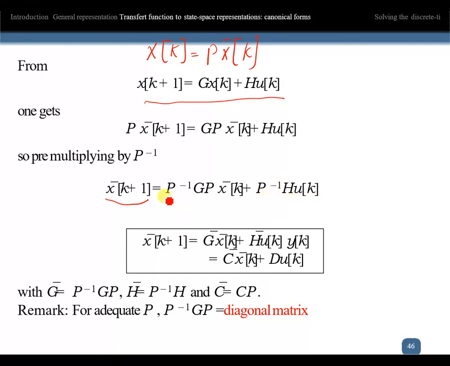If I define P inverse G P as G hat and P inverse H as H hat, then I can say x hat (k+1) becomes G hat x hat k plus H hat uk. The output becomes yk equals C hat x hat k plus D uk.